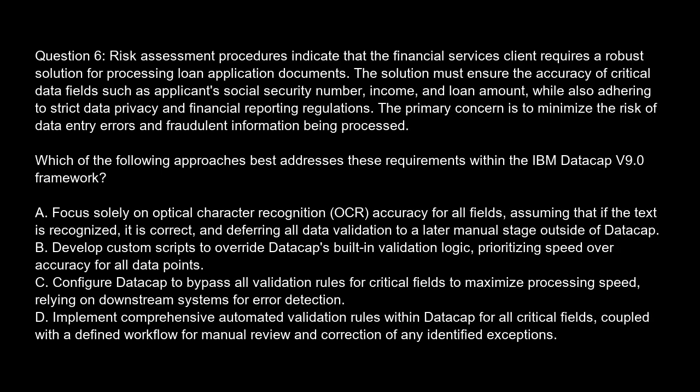Option C. Configure Datacap to bypass all validation rules for critical fields to maximize processing speed, relying on downstream systems for error detection. Option D. Implement comprehensive automated validation rules within Datacap for all critical fields, coupled with a defined workflow for manual review and correction of any identified exceptions.